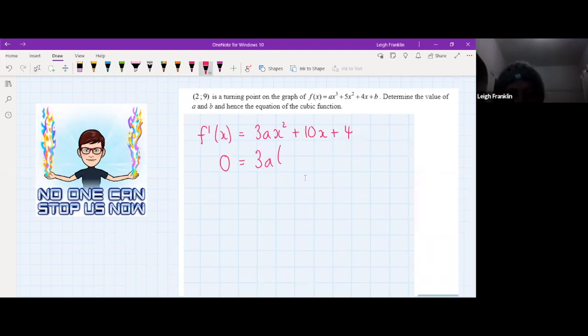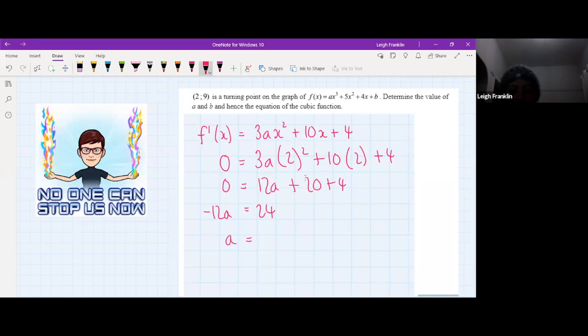So 3a, sub in our 2 plus 10 times 2 plus 4. That's 4 times 3 is 12, plus 20 plus 4. So negative 12a equals 24.